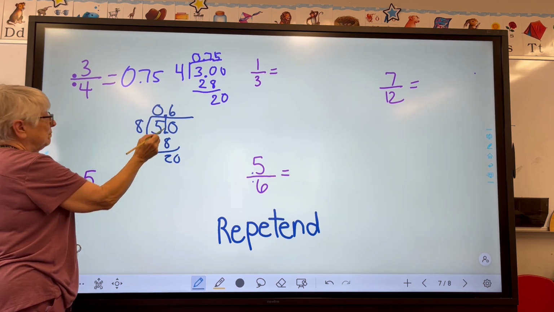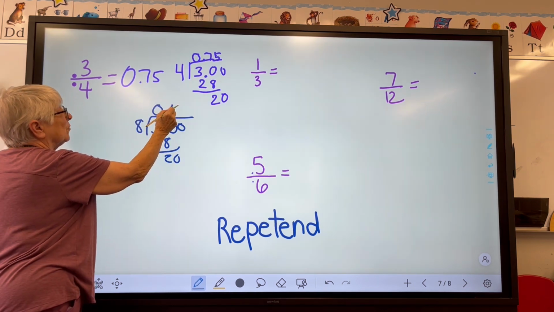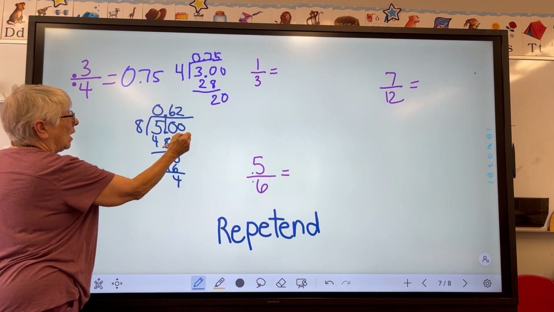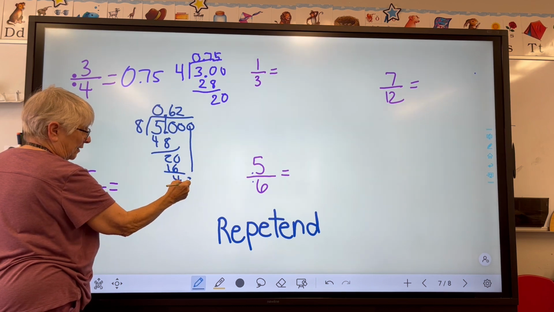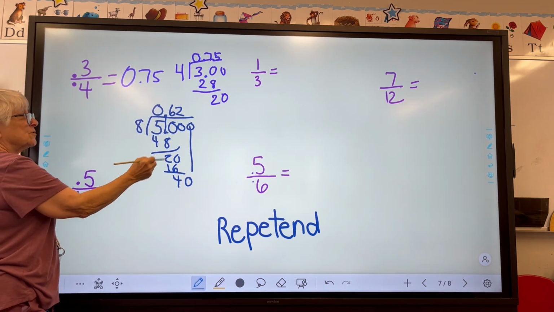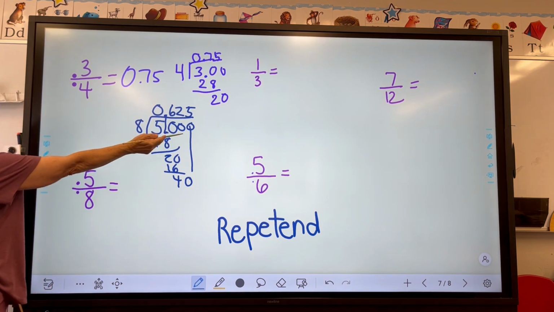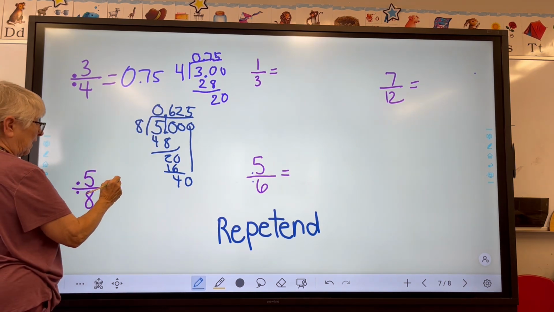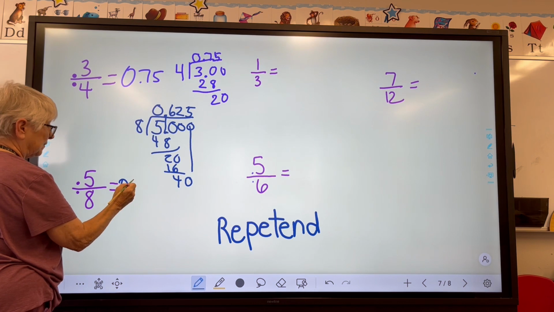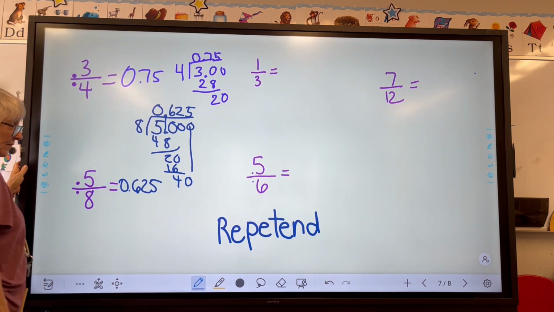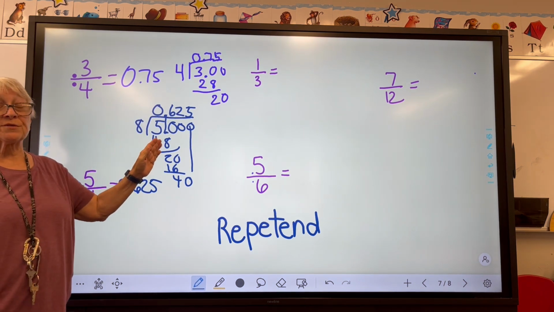Does 8 go into 20? Yep. I add that 0. It goes in there 2 times. Oh, I have a remainder. I add another 0. 8 goes into 40 5 times. So this one took 3 zeros before it came out even. And it's 0.625. So you can add as many zeros as you need.